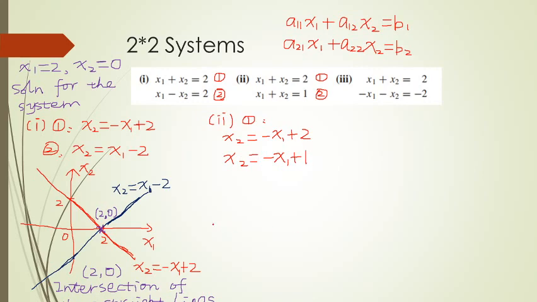So let's draw the graph. Okay, let's draw the graph. x1, O, x2. The first one is the same, right? The first one is the same. So this is x2 equals minus x1 plus 2.